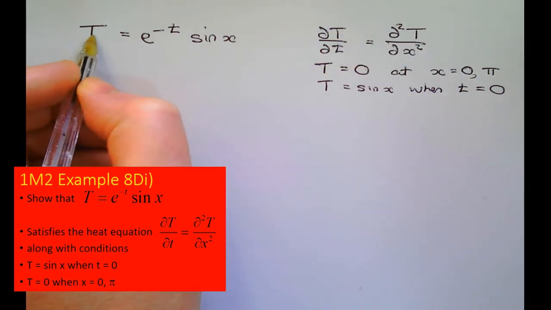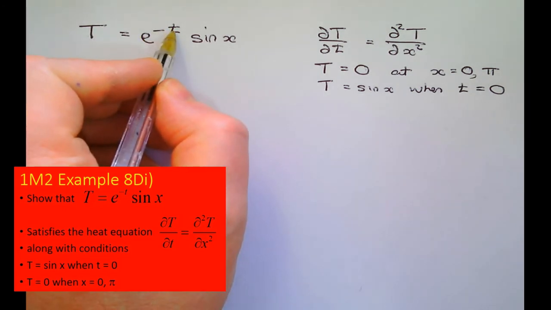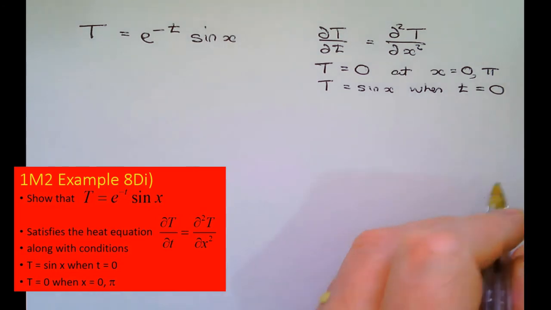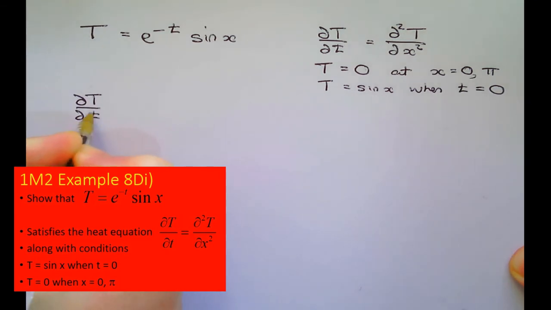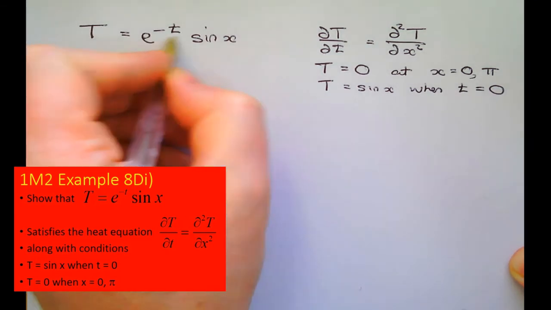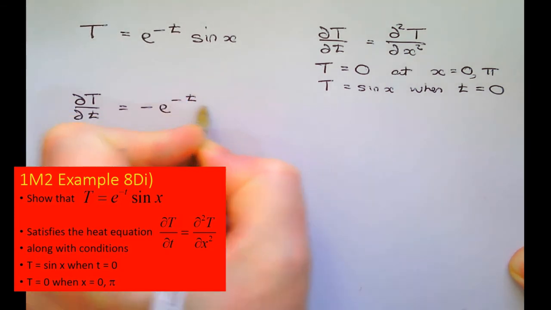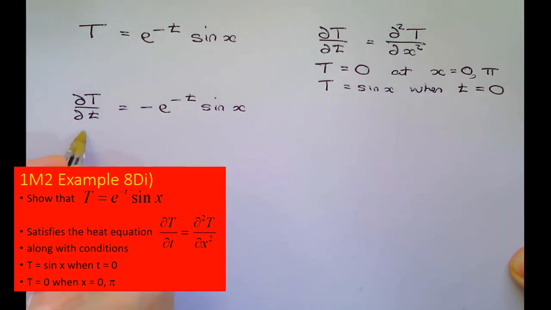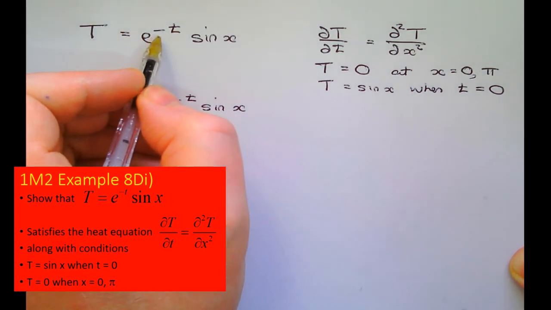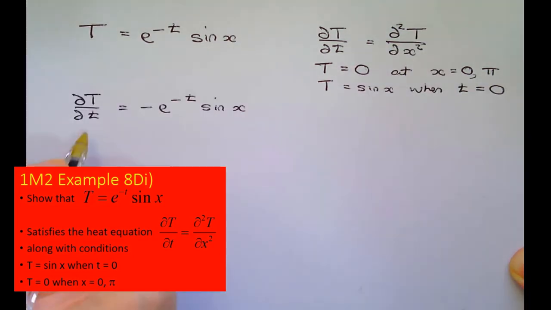So here's our T for temperature, e to the minus t times sine x. So we need the derivative with respect to time. dT by dt, we differentiate the exponential: minus e to the minus t times sine x. And now we'll find the derivatives with respect to position x.